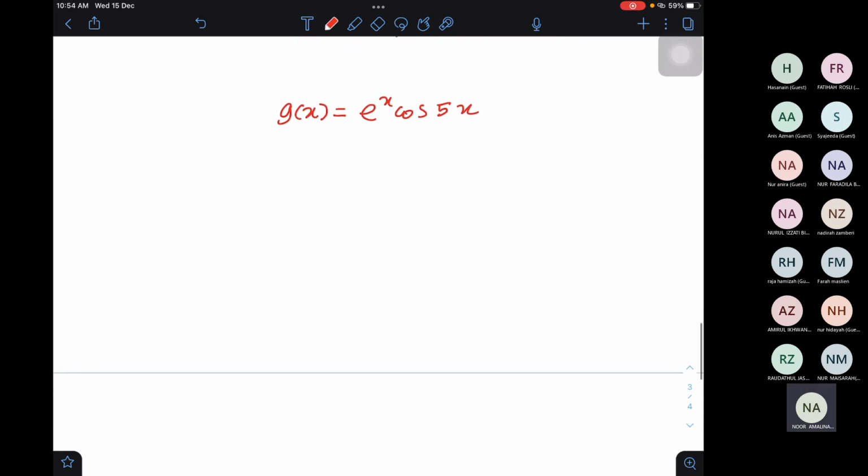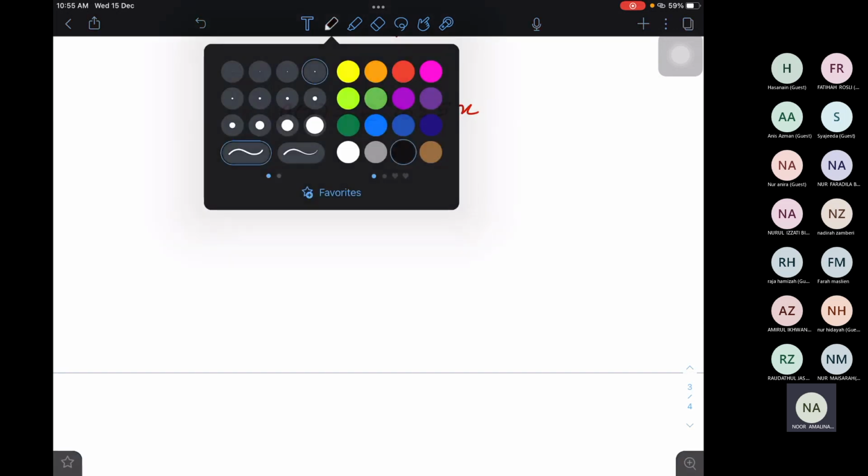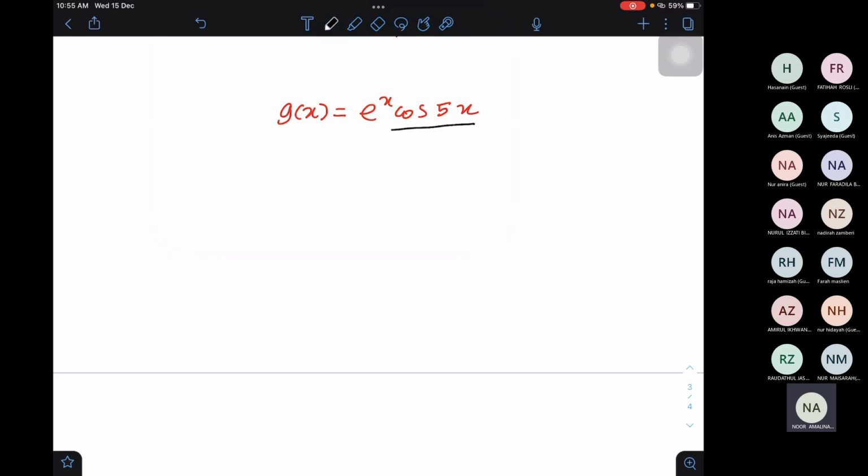Kita nak cari differential operator untuk this one. You see, your gx now ada trigo. Okay, ada trigo. Means that it must be the combination of exponent dan juga polinomial juga. Exponent ada, polinomial tak ada. Okay, kita tulis polinomial. It will be the power of 0. Sebab tu kita tak nampak. Okay, exponent x cos 5x. So from here, you know your n is equal to 1.